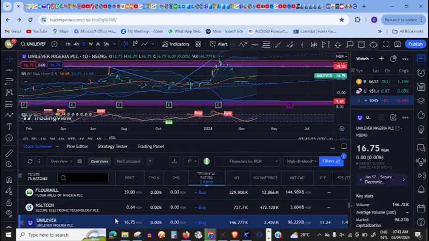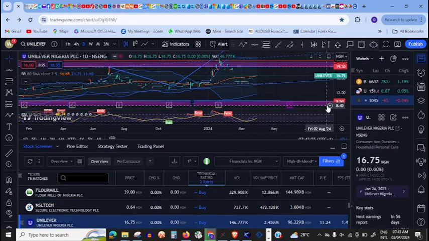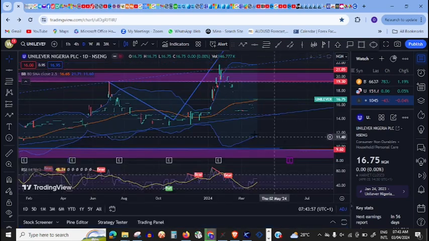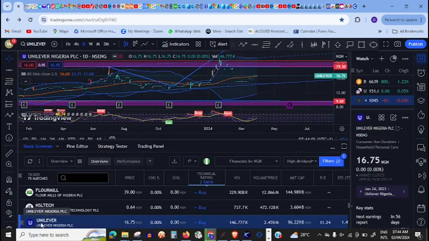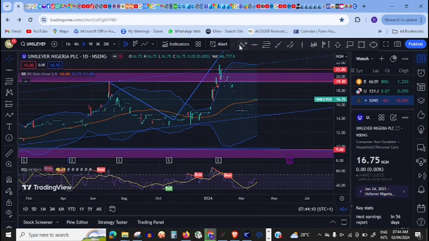Unilever. For Unilever 2, if I can get entry maybe somewhere 15 naira 15 kobo, then the top of the band is actually at 21 naira 65 kobo.